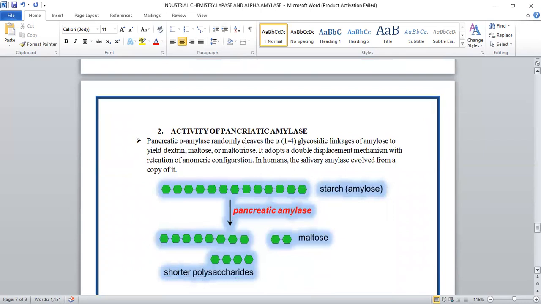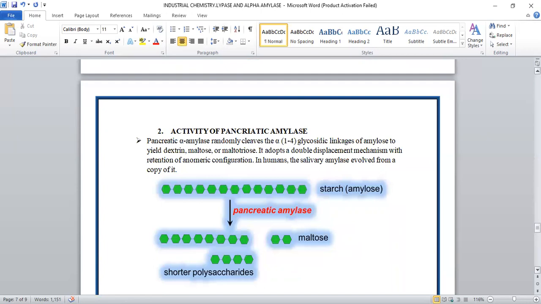The second one is activity of pancreatic amylase. Pancreatic alpha amylase randomly cleaves the alpha glycosidic linkages of amylose to yield dextrin, maltose, or maltotriose. It adopts a double displacement mechanism with retention of anomeric configuration.